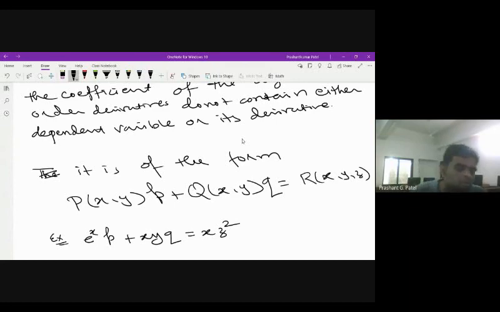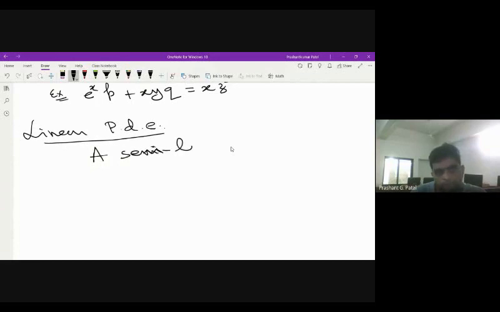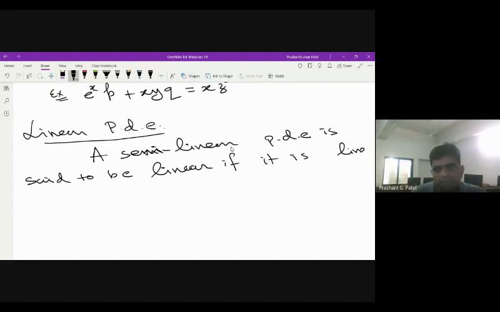The next one is the definition of a linear p.d.e. So a semi-linear p.d.e is said to be linear if it is linear in the dependent variable.